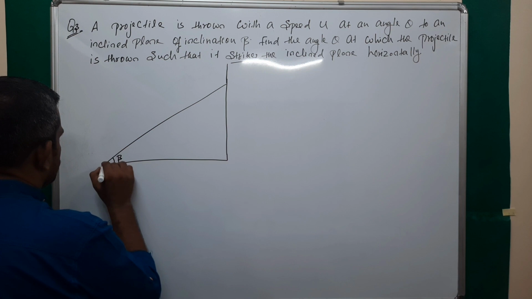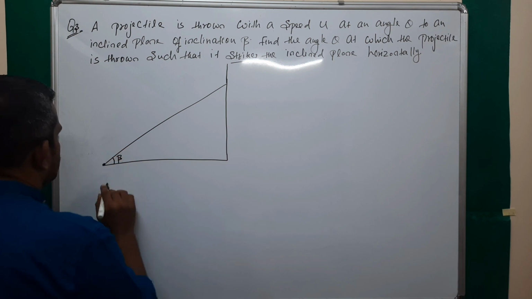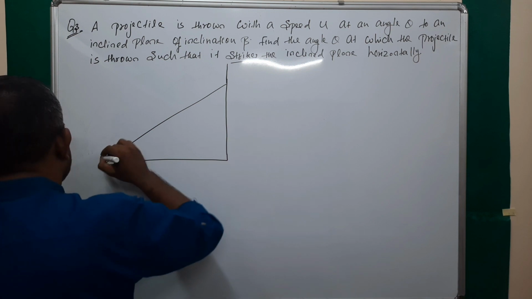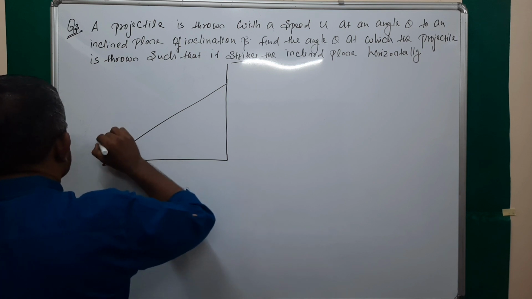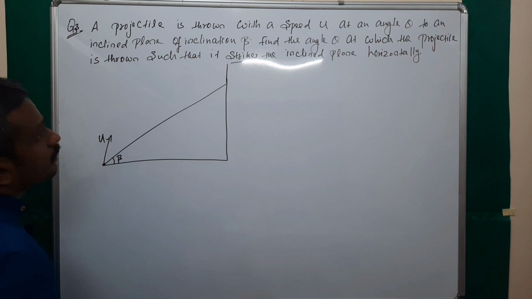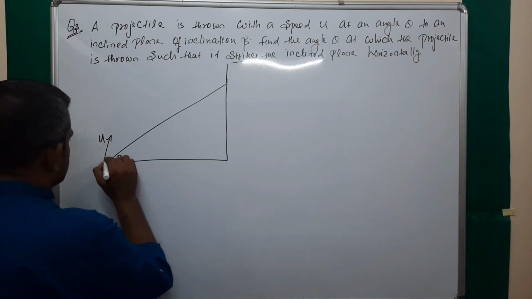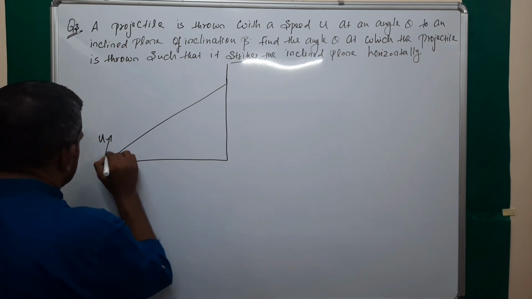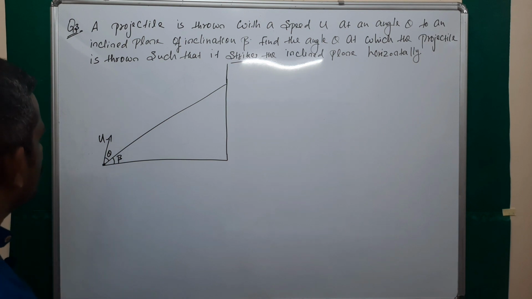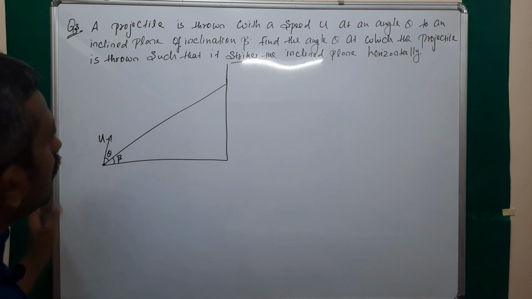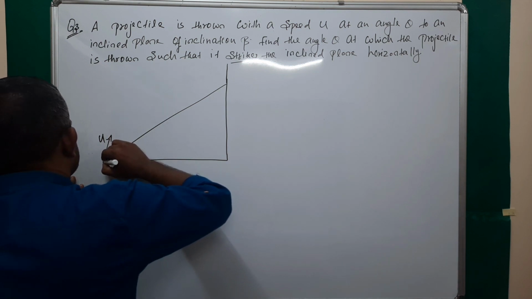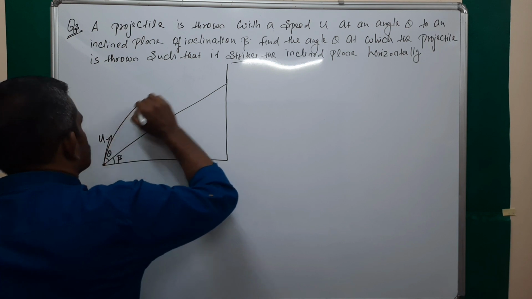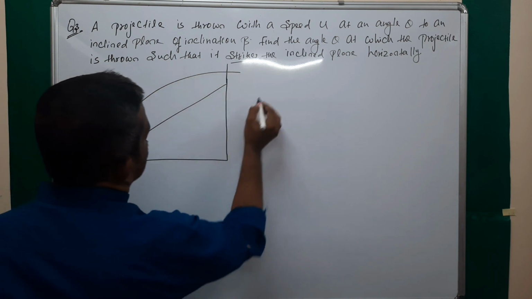From this plane one particle is projected at an angle theta with the initial velocity u. So the angle of projection is theta. It hits the inclined plane horizontally.